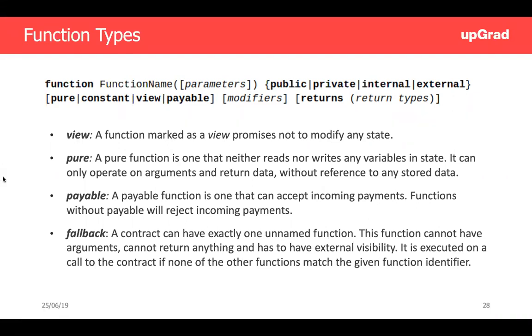Okay. A pure function is similar to a view function, but it's one more step ahead, where it says that not only will it not write to the state, it will also not read from the state. So it has zero access to the state variables. A pure function is generally there for semantics. Let's say inside of your code you want to split your code and run some of your computations inside of another function.